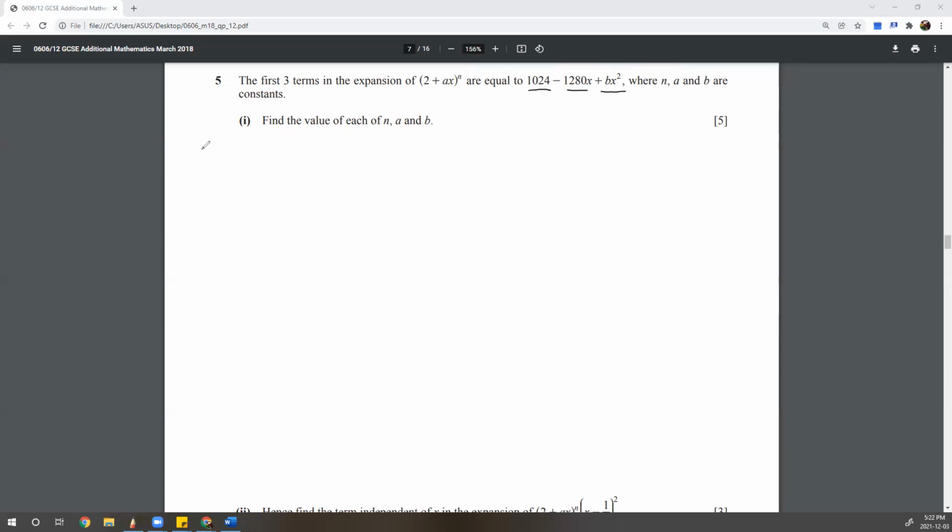Okay, so 2 plus ax to the power of n is equal to nC0, remember? nC0, 2 to the power n, and then plus nC1, 2 to the power of n minus 1 with ax to the power of 1, plus again nC2, so we do with the expanded form, 2 to the power of n minus 2. Again, the first term is decreasing, the second term is increasing, and then ax to the power 2, and it is already given.